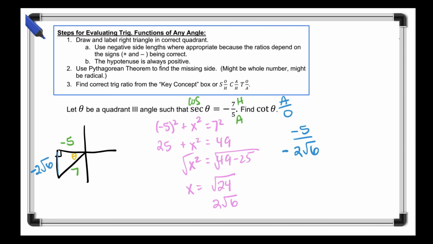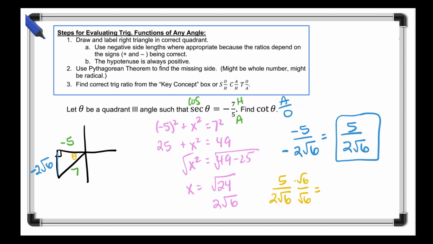When we simplify that, my negatives cancel, so you can leave your answer as so. If you rationalize, make sure you multiply both the numerator and the denominator by the square root of 6. That gets you 5 root 6 over 6 times 2, which is 12.